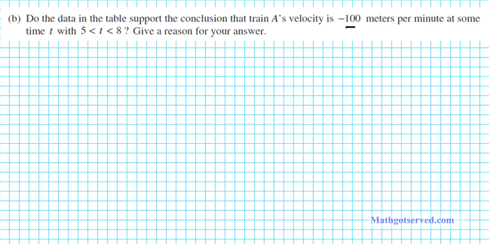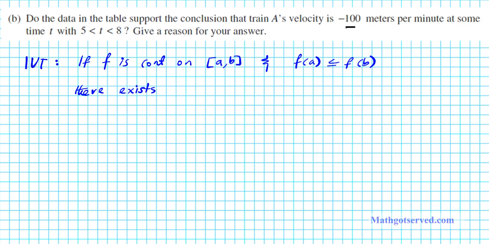So for IVT, if f is continuous on a closed interval AB, and f of A is less than or equal to f of B, then there exists a C in that closed interval AB such that f of A is less than or equal to f of C, and f of C is less than or equal to f of B. Okay, so this is applicable when you have a continuous function on a bounded interval.